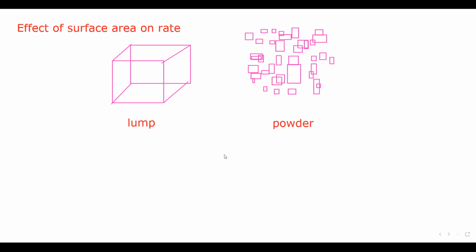So powdered is having a large surface area. That's right, this will have a large surface area. And this is having a small surface area.